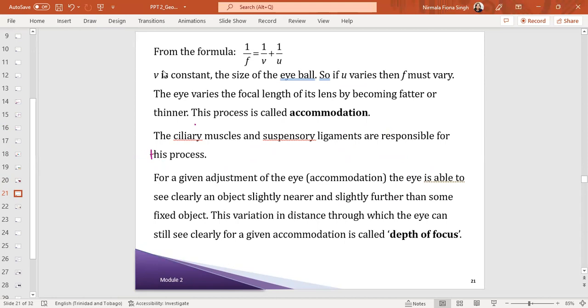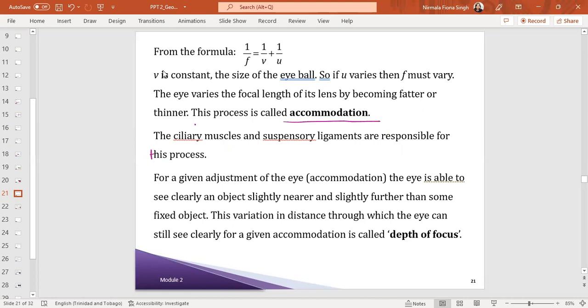Remember, accommodation is the process of us changing our focal length, or looking from near to far. You can look at something an arm's length in front of you, or something across the room, two different distances. That is called accommodation.